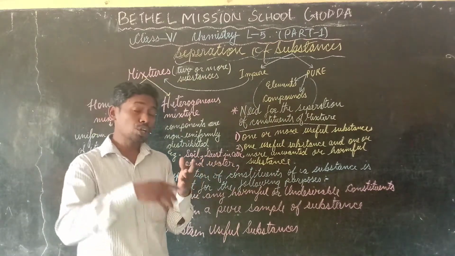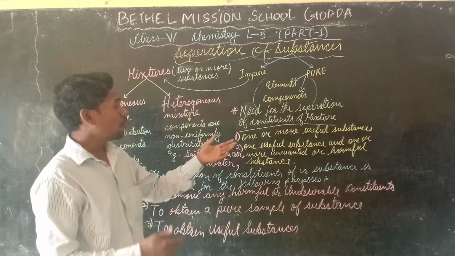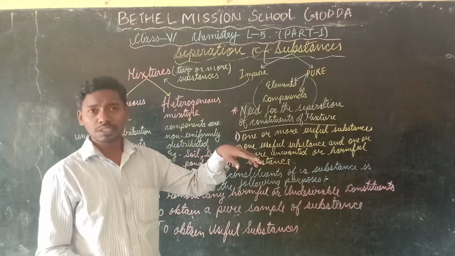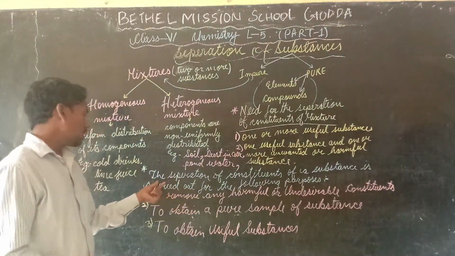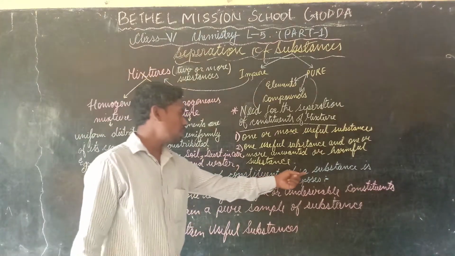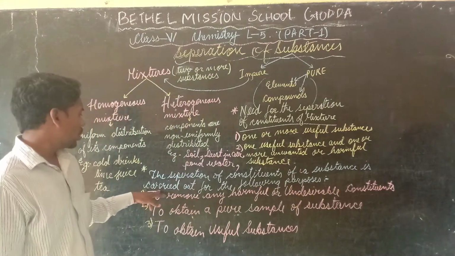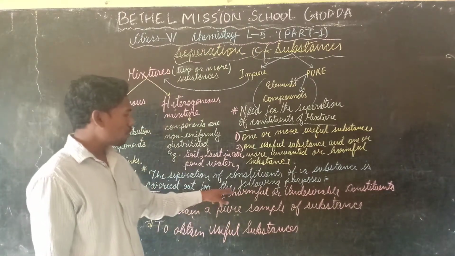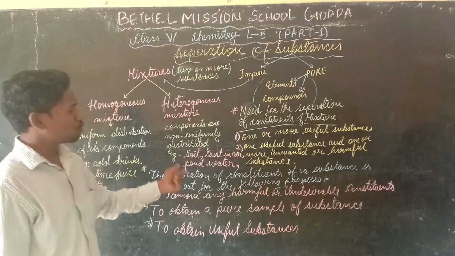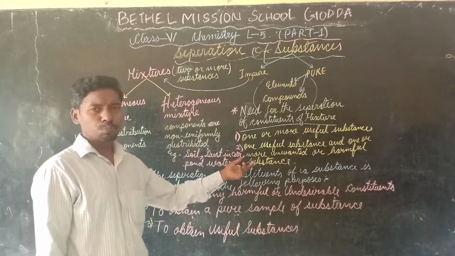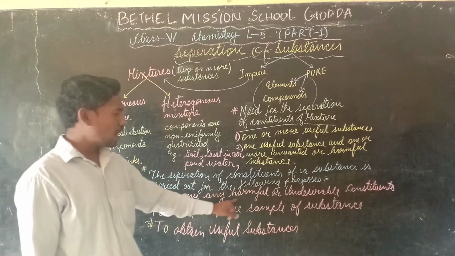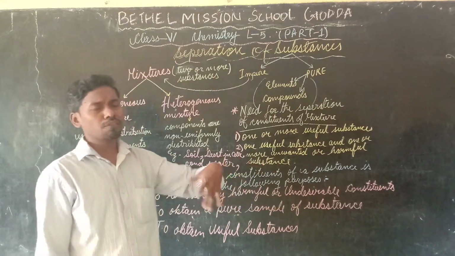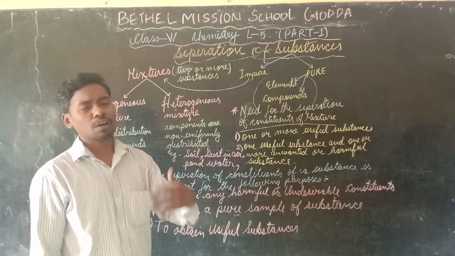Either we can separate all the available useful substances, or we can do it by separating the harmful substance. The separation of the constituents of a mixture is carried out for the following purposes: to remove any harmful substance present. If we have any harmful substance, it has to be separated.